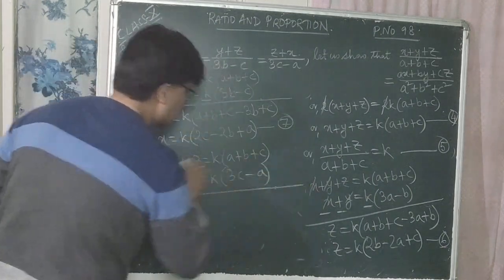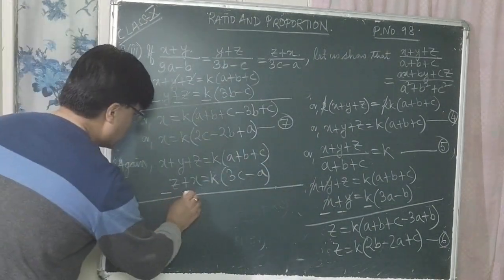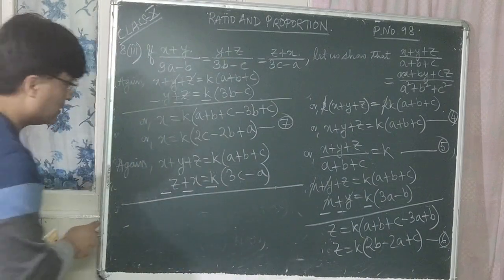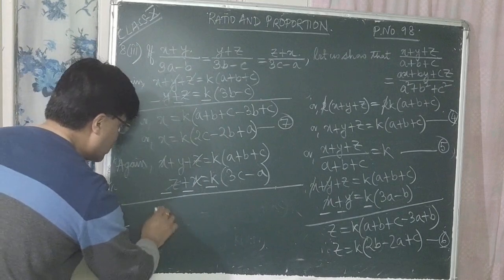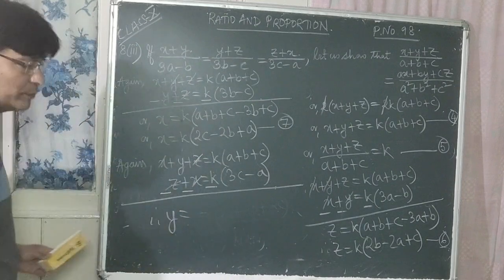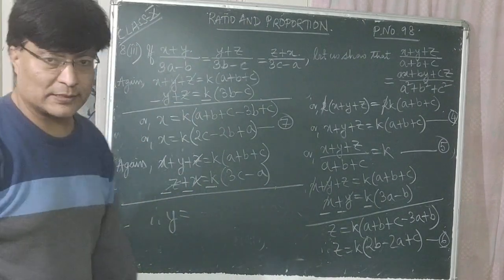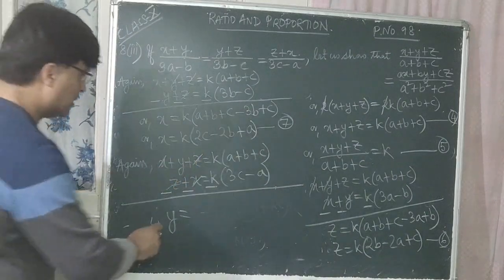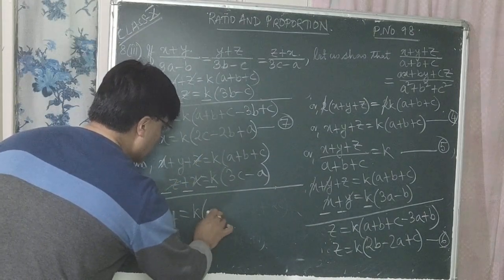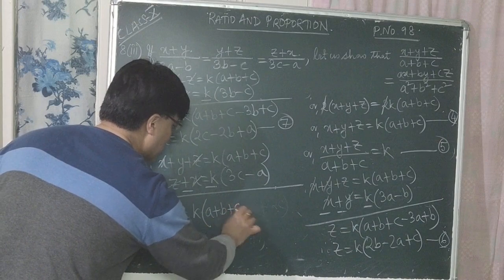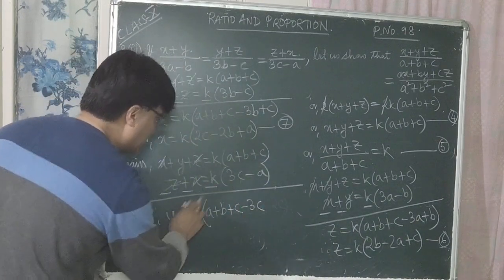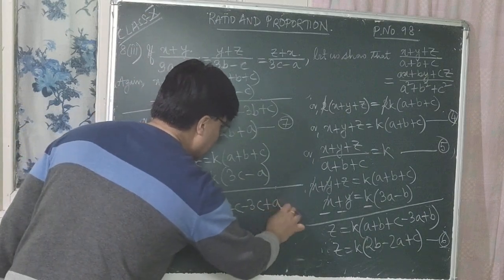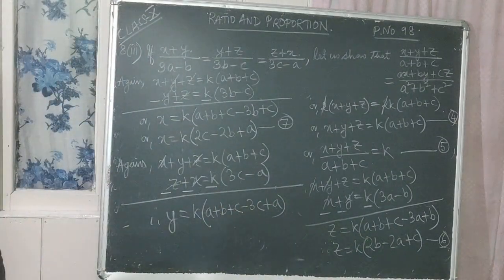Let us subtract it. You have to change the sign here because we are subtracting, so z cancels, x cancels. So what do we get? It is y is equal to, and k is common here, so k within bracket a plus b plus c, then minus 3c, minus to minus, plus a. Is that clear now?